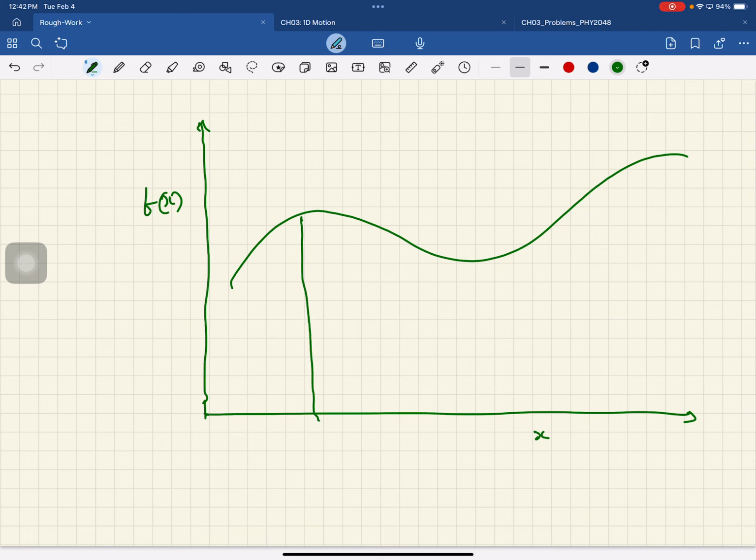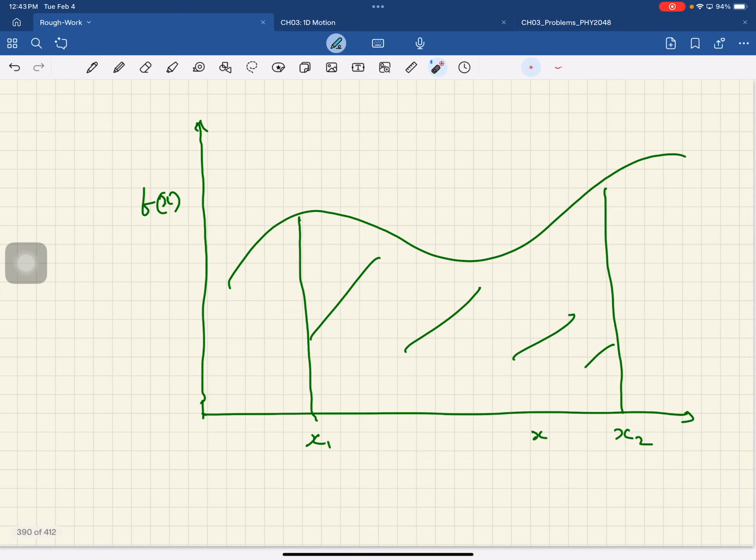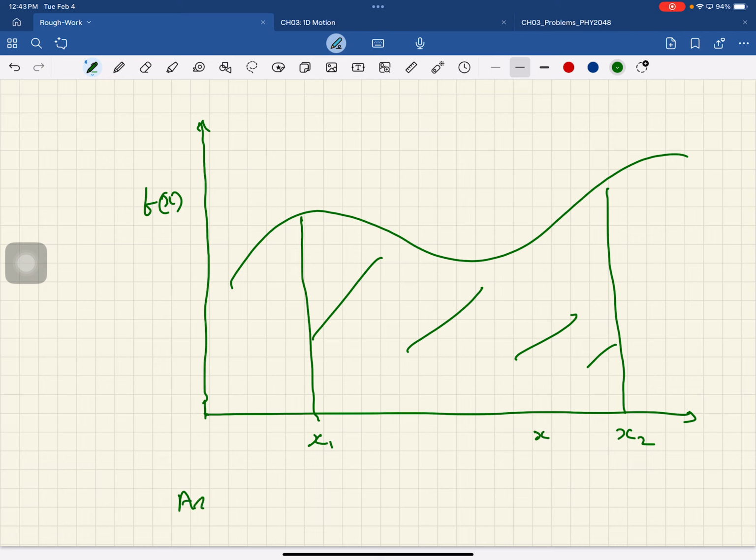Now the thing we're interested in is what is the area under this curve? That'll be useful for us. So for instance, if this was force and this is the position, that area will be the work done by that force. And that area is given by an integral.